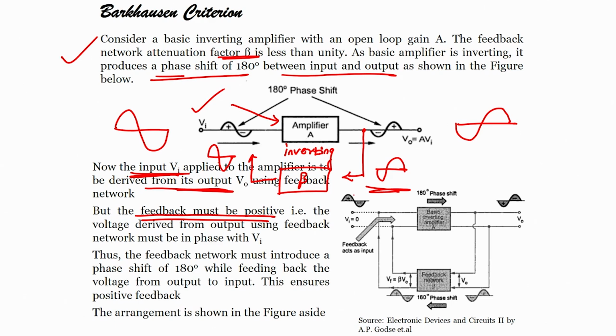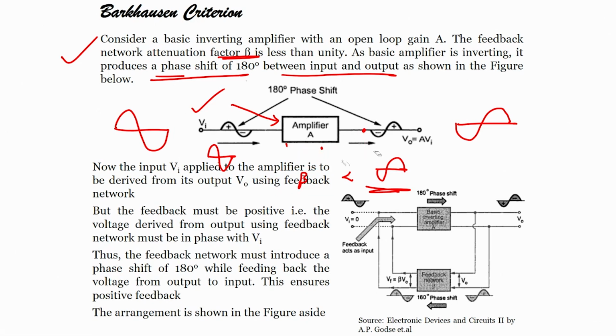What is written here is that the feedback must be positive, that is, the voltage derived from the output using the feedback network must be in phase with the input Vi, correct. Thus, the feedback network must introduce a phase shift of 180 degrees, is it correct.